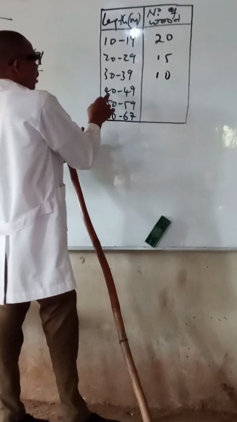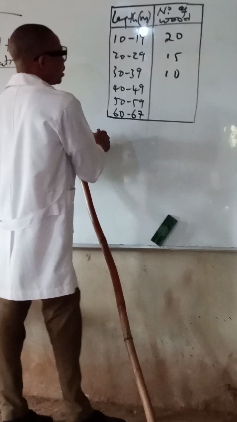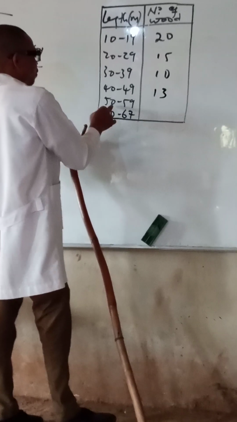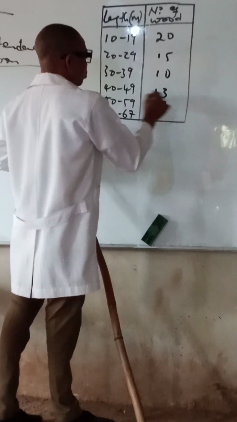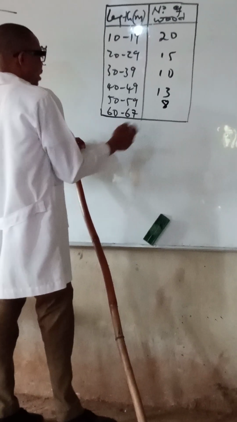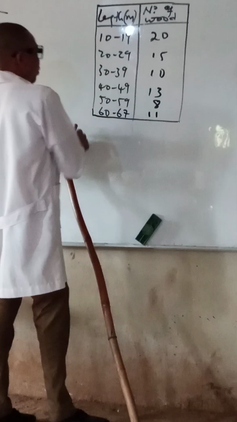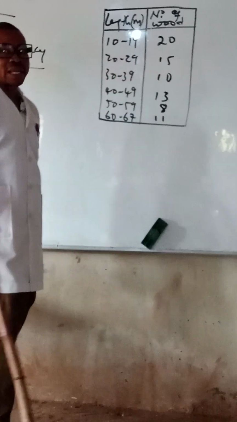Those from 40 meters to 49 meters, let's assume they are 13. Those from 50 meters to 59 meters, you have 8. And this one, let's assume they are something like 11. So this is an example of grouped data.